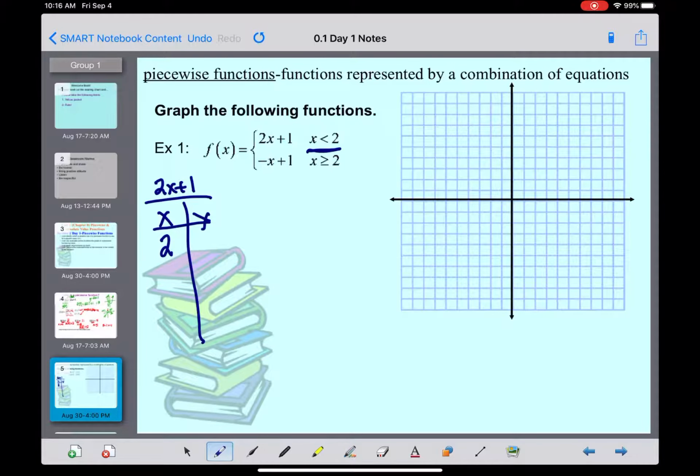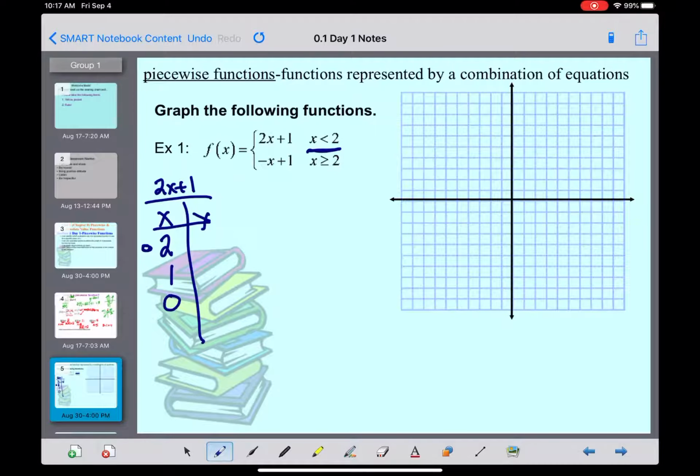That's my restriction, that breaking point. Then I want numbers that are less than 2, so 1 and 0. Next to this 2, I'm going to put a little open circle to remind myself that when I graph it, it's going to have an open circle that is not really there. That's just a placeholder for what it's getting closer and closer to.